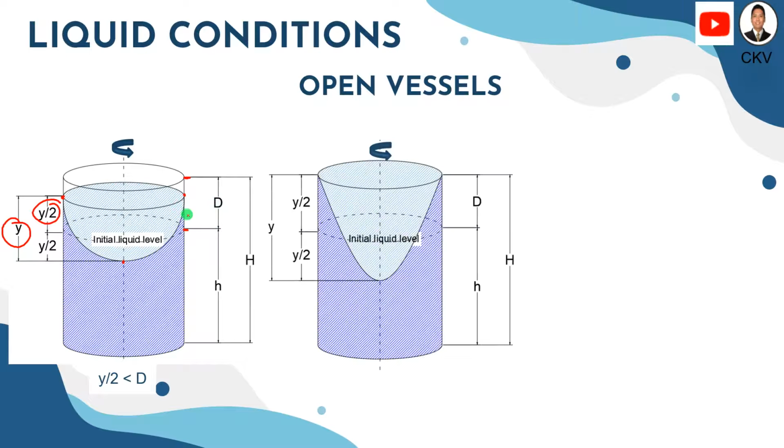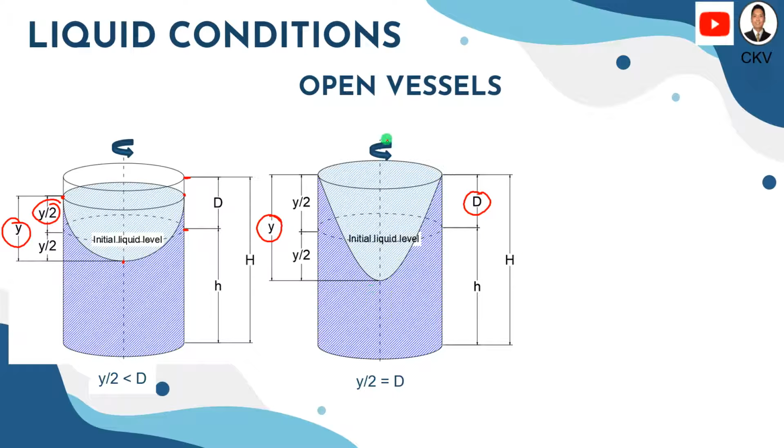But in the second case, if 1/2 of the computed y is just equal to the distance d, or the depth from the rim to the initial liquid level, the liquid surface will just touch the top rim of the container, and there will still be no liquid spilled.